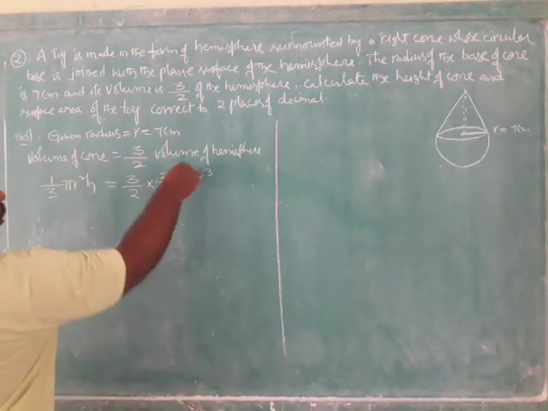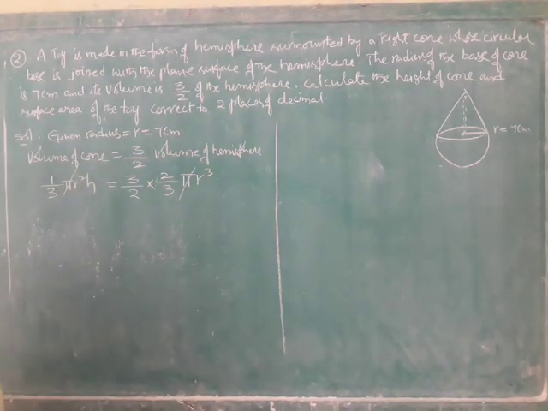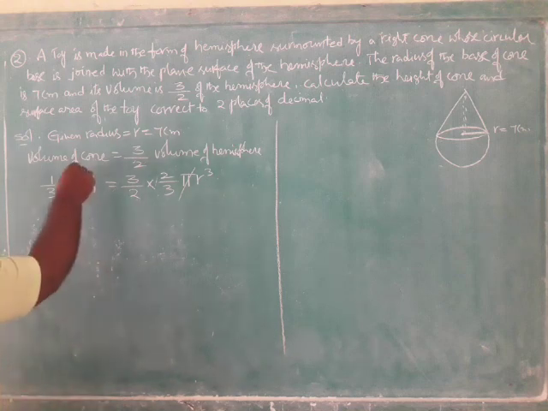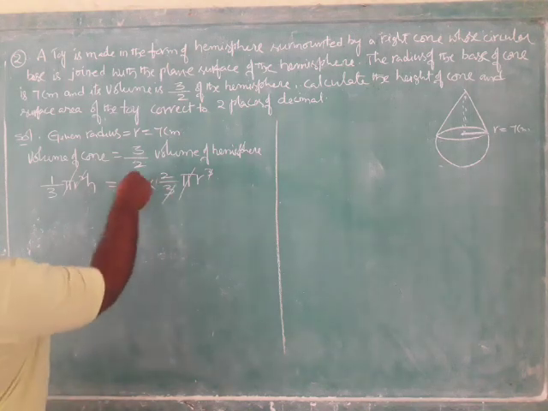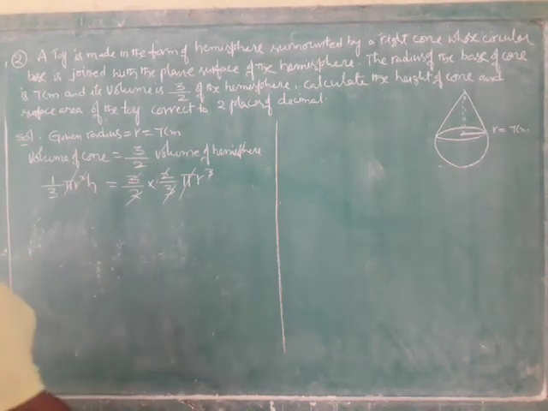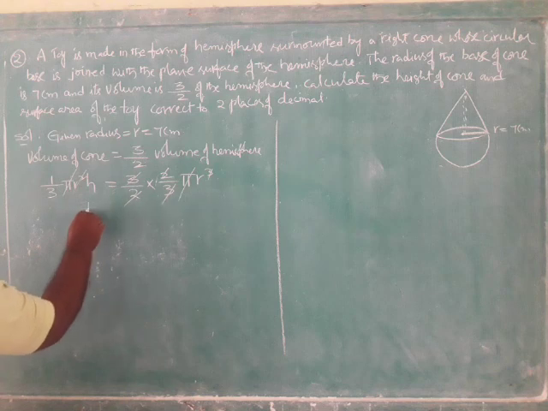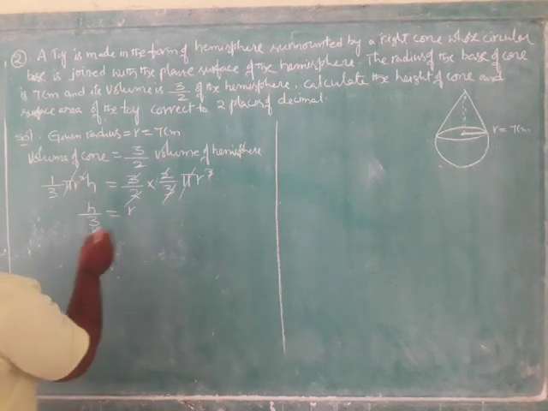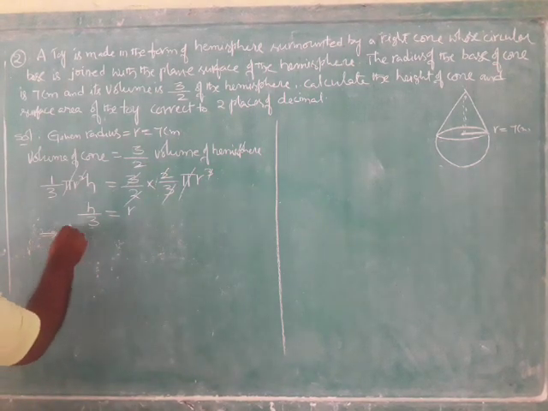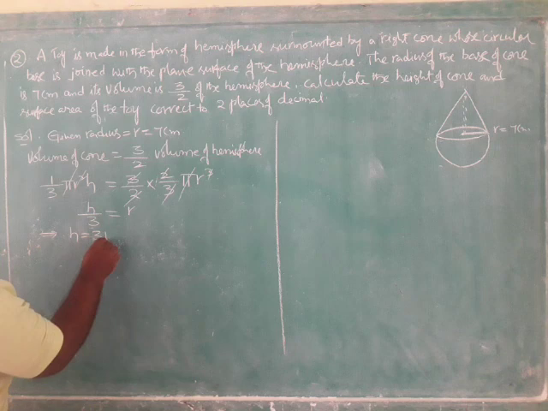Children, see, this pi and pi should cancel. Now this r square and r cube, one r cancels. This 2 gets cancelled. Therefore, h/3 is equal to the remaining part, h/3 is equal to r. That implies h is equal to 3 into r.